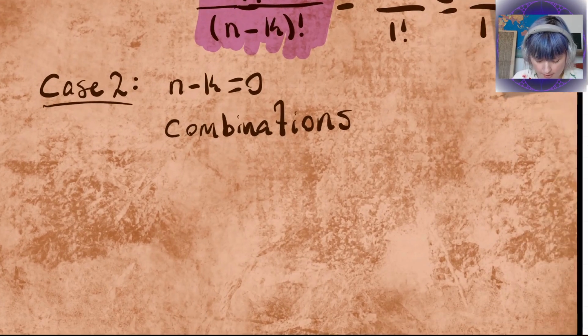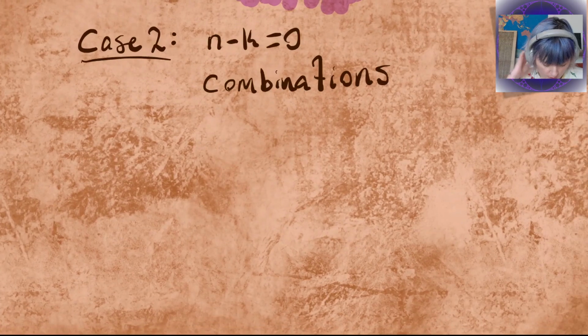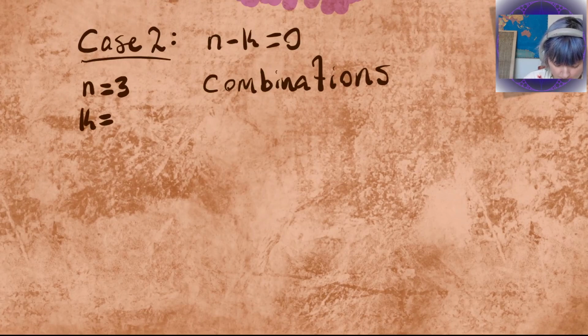So for combinations, for the previous case that we looked at, the case where n is equal to 3 and k is equal to 3, we found that we had one combination.